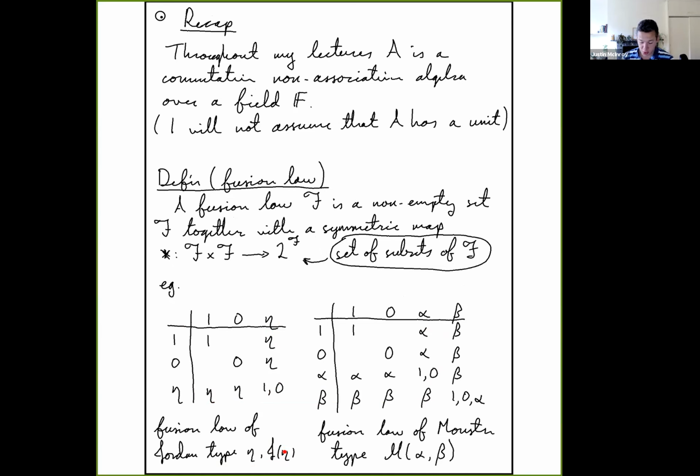It's also an axial algebra with a fusion law for the monster type alpha beta, where beta is anything, because all of my axes just have a trivial beta eigenspace. That's something which I allow.